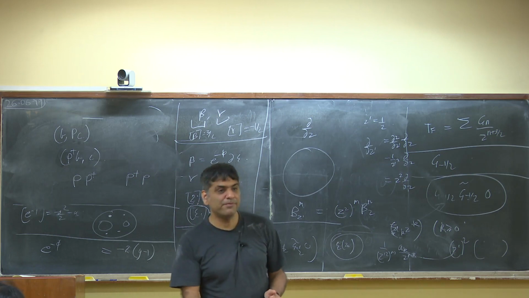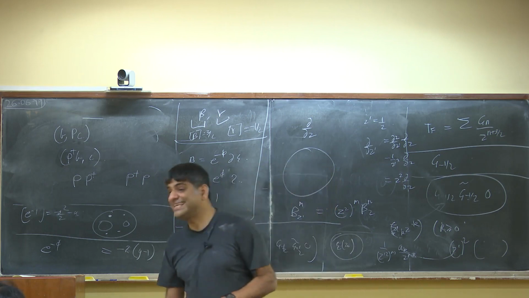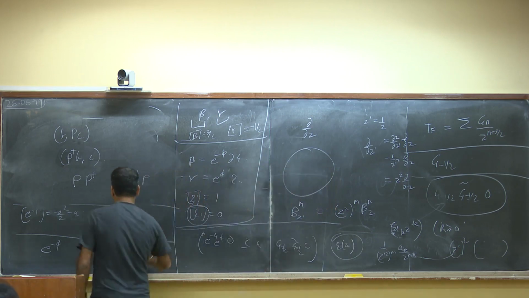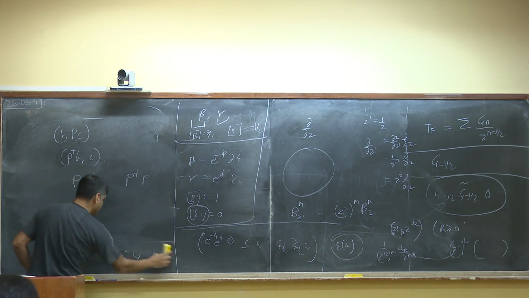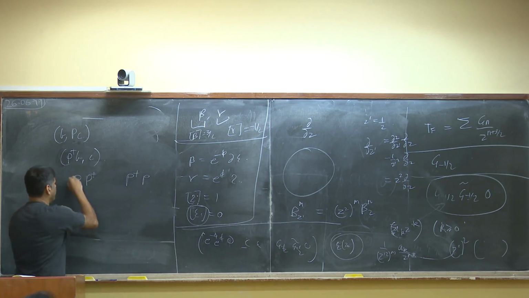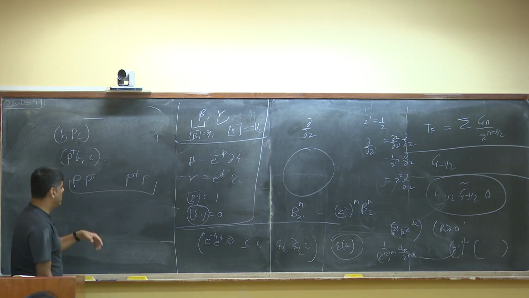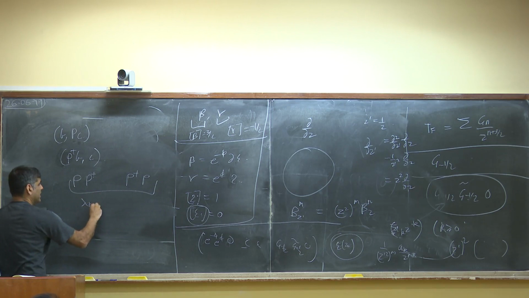So when doing the path integral over C, let's look at the common eigenvalues. There are some operator eigenvalues lambda m.